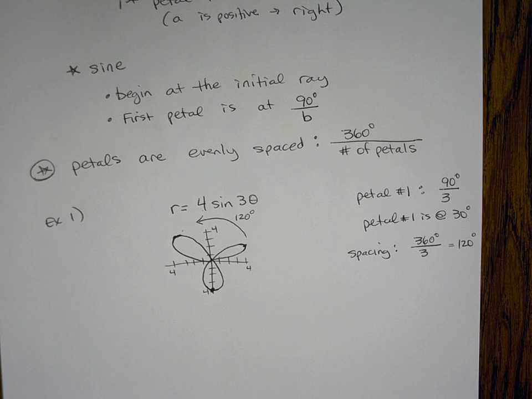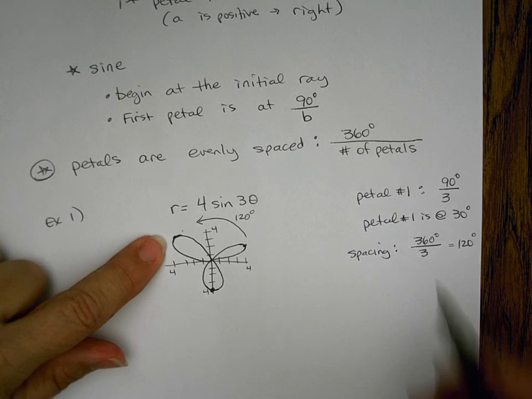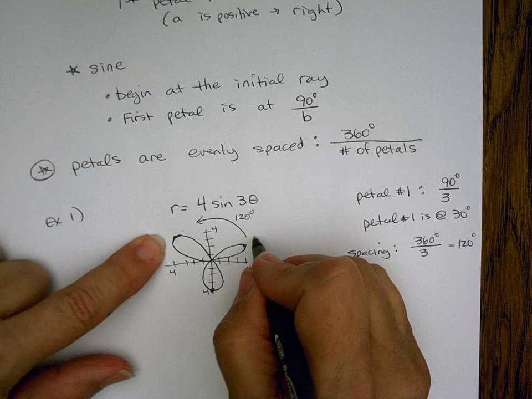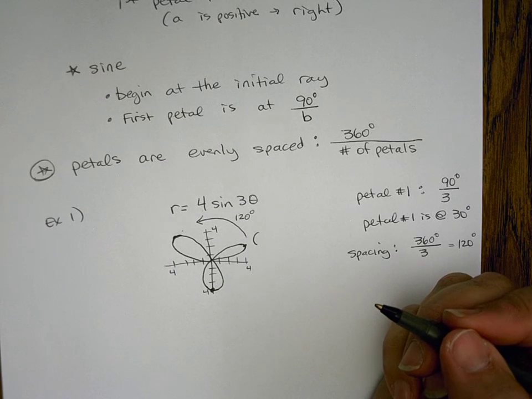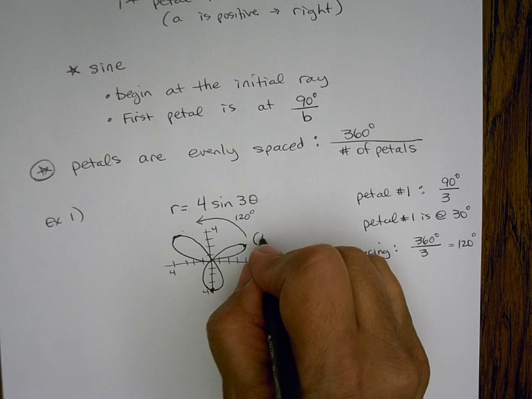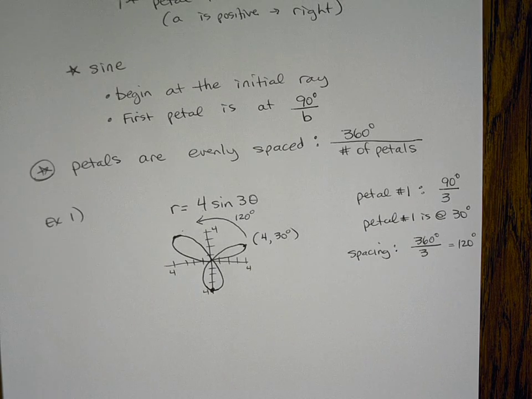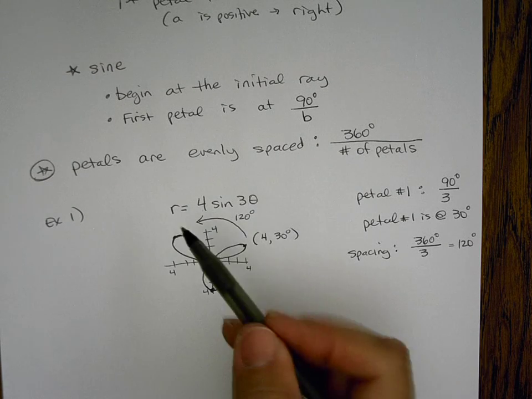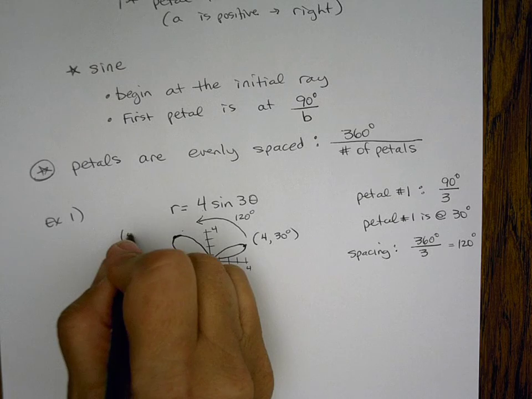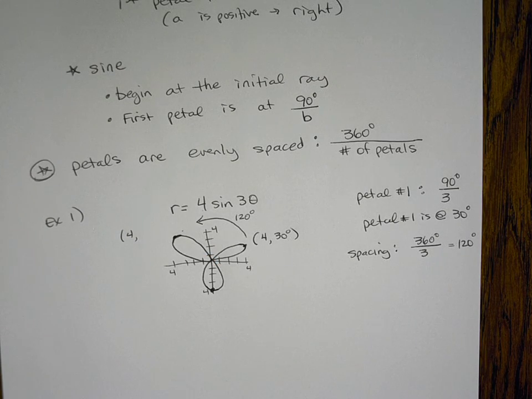Wait, on the left, what is that supposed to be at? Where is that? Well, it's 120 away from this one, so let's go label this actually. I like that question. So this is at 4, 30 degrees. I should have put that point there. So if I go 120, tell me where I would be over here. 4, 150.